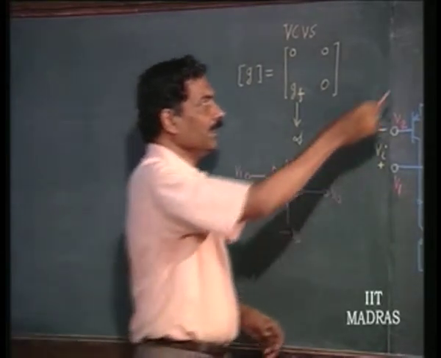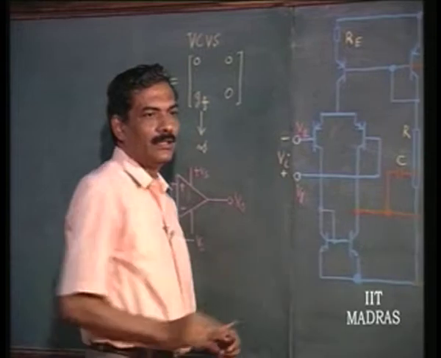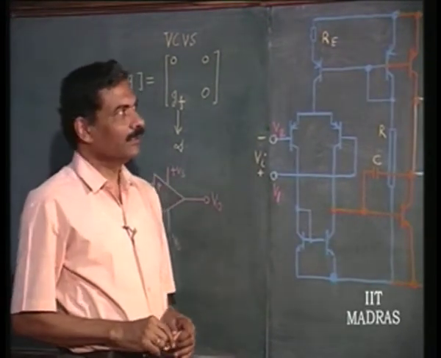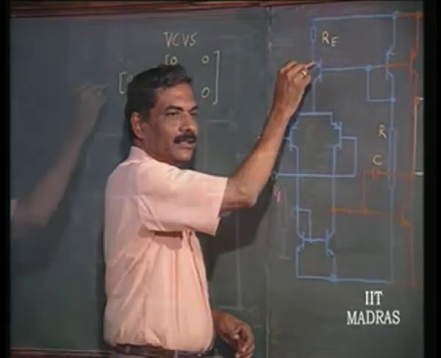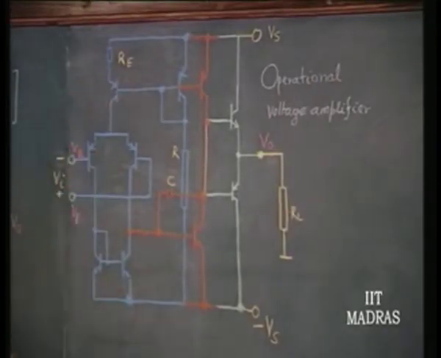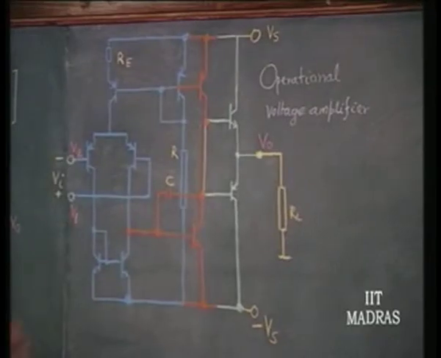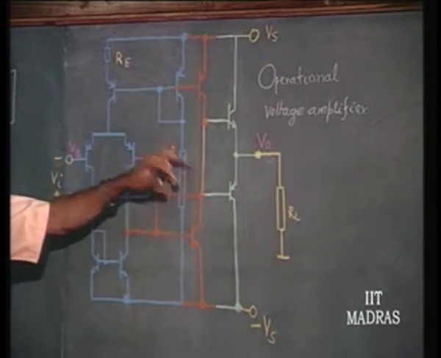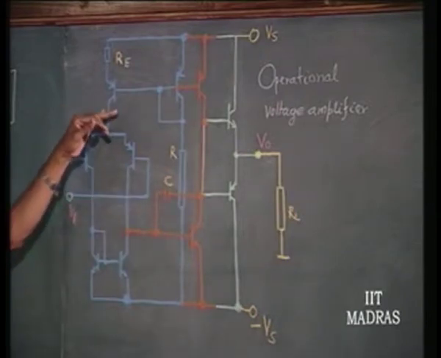Now, obviously, you can notice this mode of biasing. This is a current mirror, okay, for obtaining a low valued current. This we know. How we can obtain a current I2 which is Vt log(I1/I2) divided by Re.